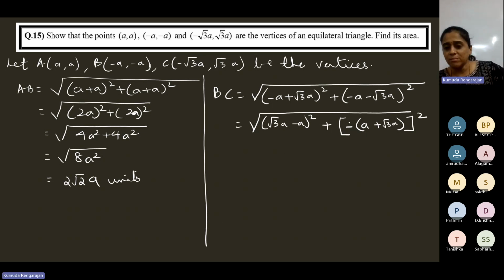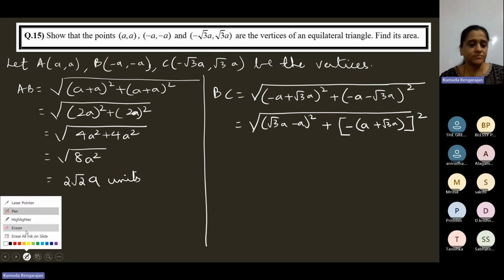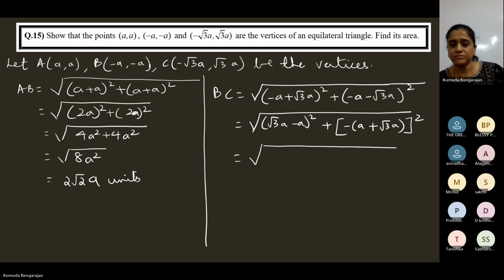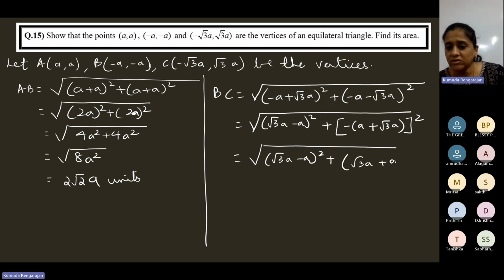So minus into a minus into plus is minus root 3a. So next step, what happens? Root 3a minus a the whole square plus this minus is squared, so it becomes plus. And inside the bracket, what do you have? A plus root 3a. Can we write it as root 3a plus a the whole square?